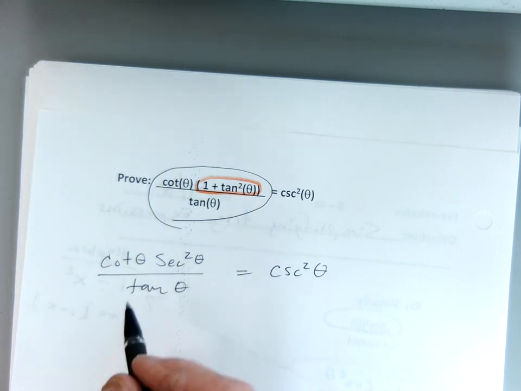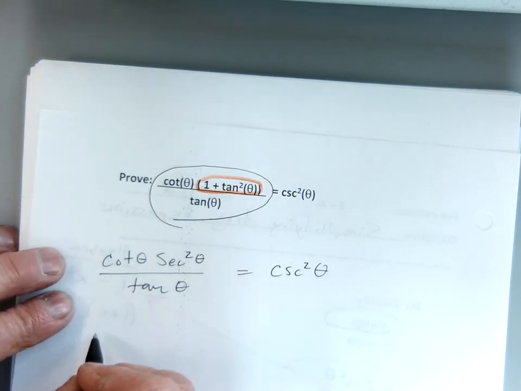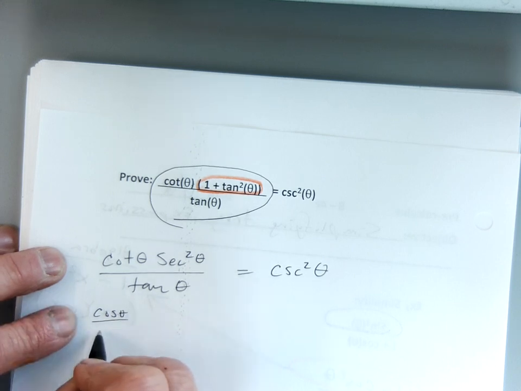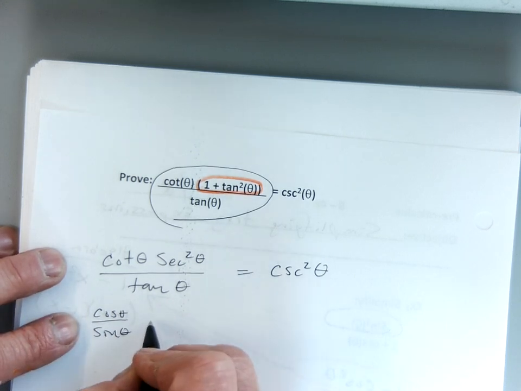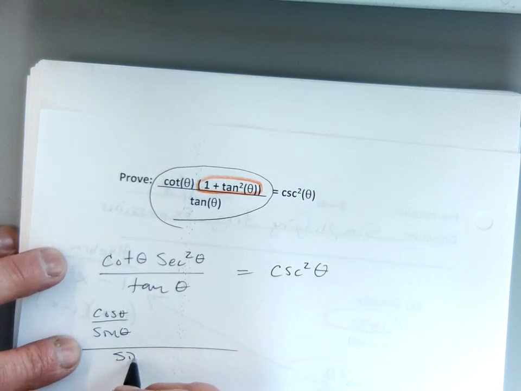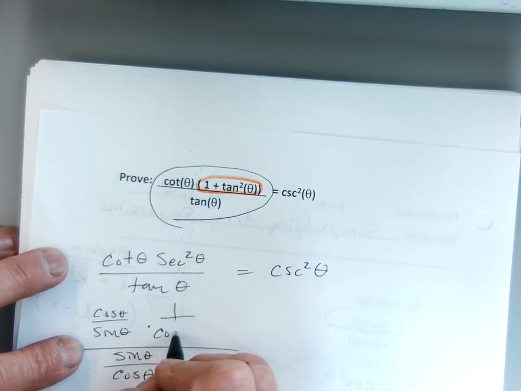Yeah, so let's change from sines to cosines, right? So if I change this into a cosine over a sine, and then all over a sine over a cosine times a 1 over a cosine squared.